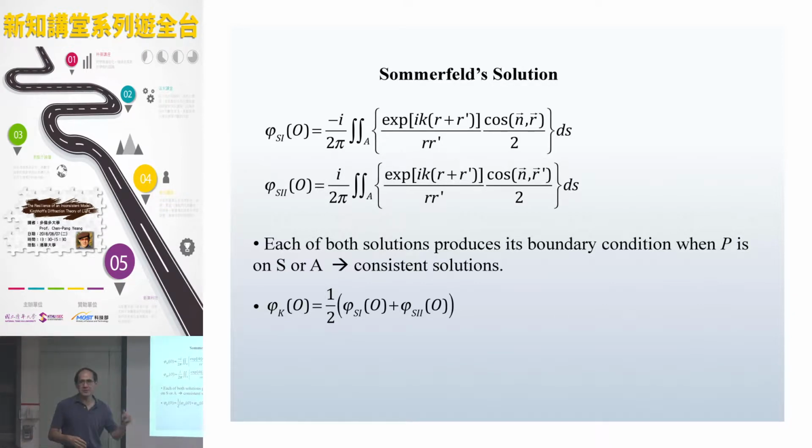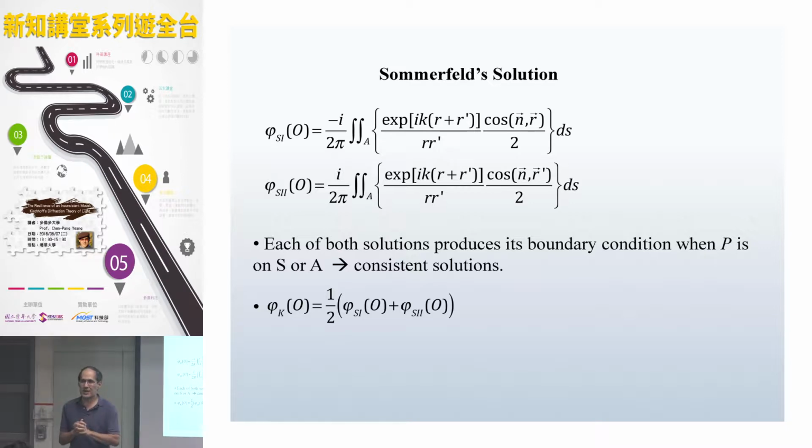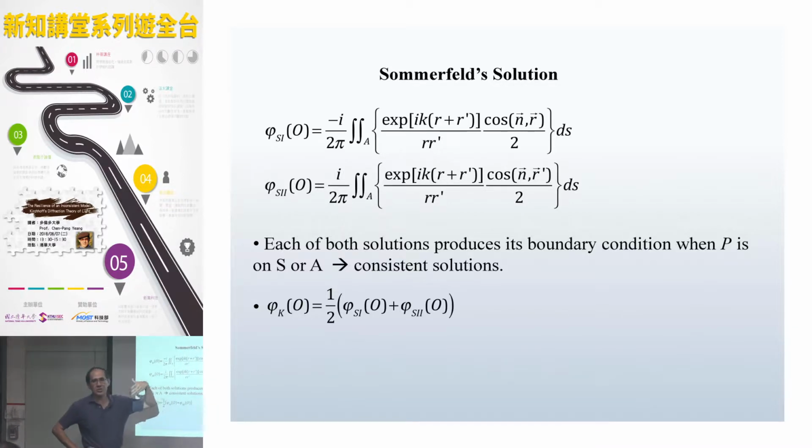And why is that a great advantage? Because it makes it possible to meet the consistency conditions of the solutions of the differential equation. So here are the two forms of Sommerfeld's solution. One invokes the Green's function G1, the other invokes Sommerfeld's Green's function G2.